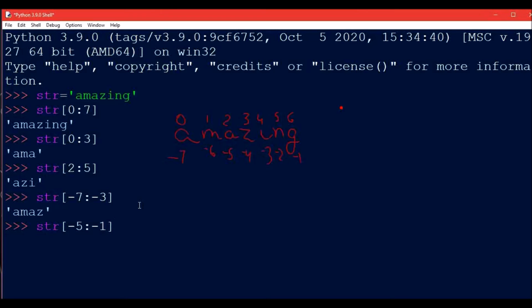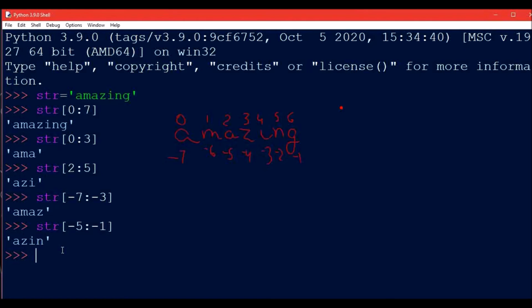So the letters at the indices -5, -4, -3 and -2 will be printed. -1 will not be included. So at -5 we are having A, so A will be printed. Then at -4 Z will be printed. At -3 I is there, so I will be printed, and at -2 N, so N will be printed.